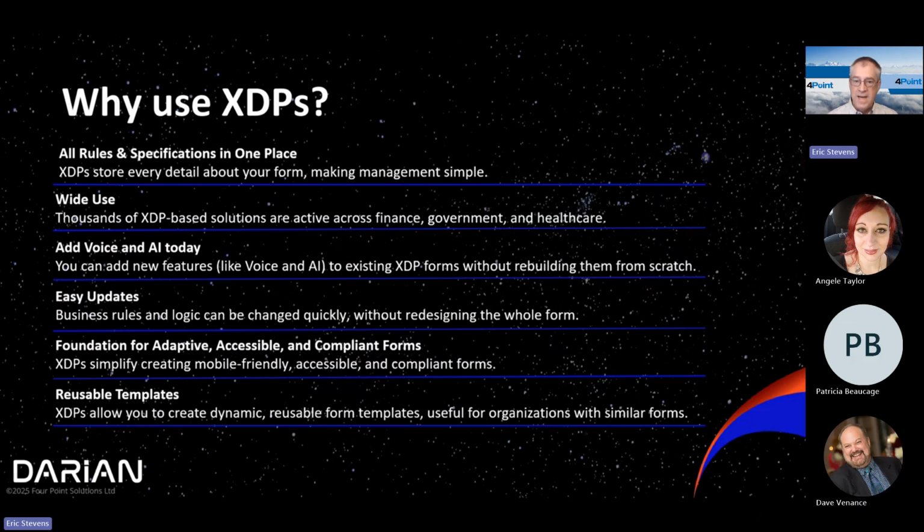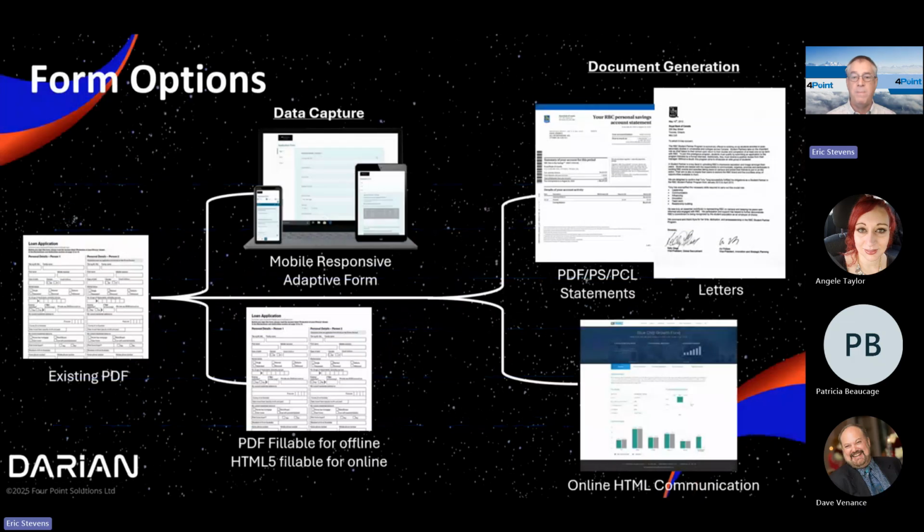When we merge the data into that template, the same template you would download and fill out in Reader, you get the compliant document with that data in it. And the combination of adding voice capabilities on top of the power of an XDP environment linked to Adobe Experience Manager Forms gives us a tremendous combination to improve the capabilities of what you're providing.